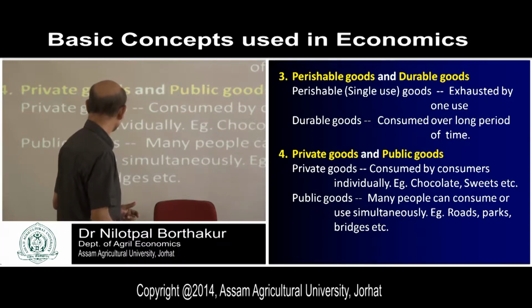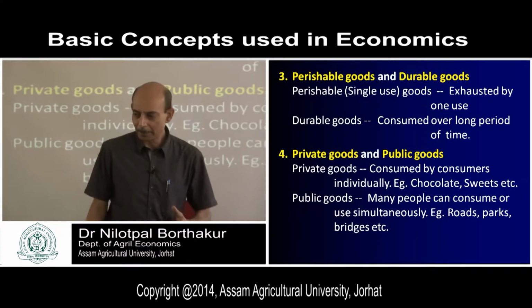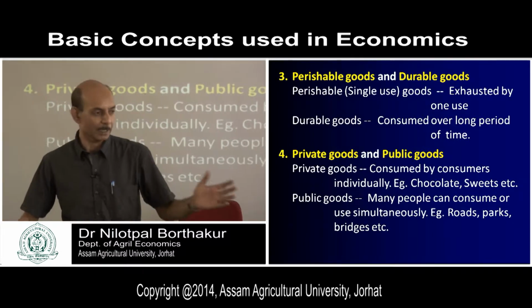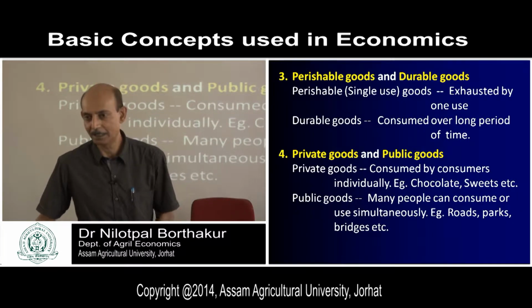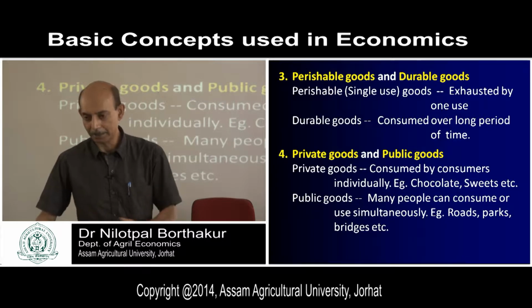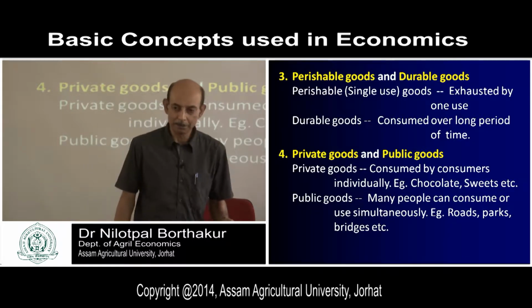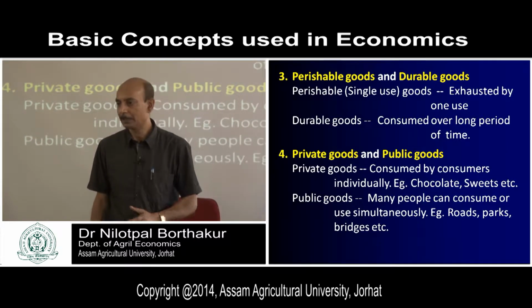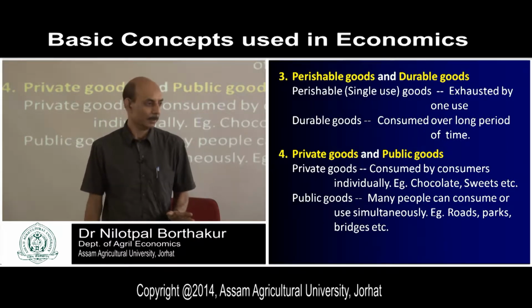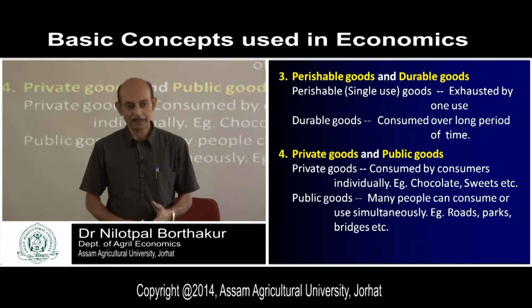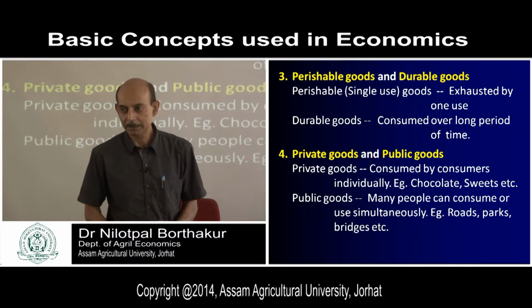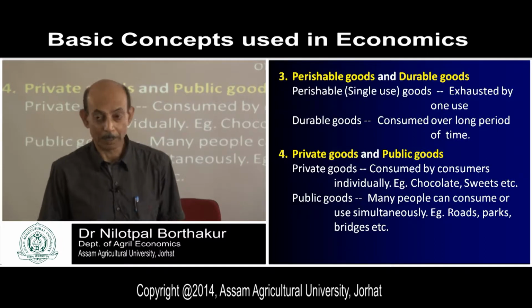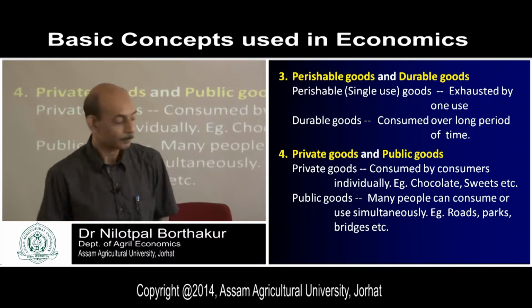Private goods and public goods. Private goods are consumed individually. They are not usually shared with others. Your belongings, your pen, pencil, paper, bags, watches, all these are your private goods. But roads, bridges, parks, restaurants, these are all public goods.